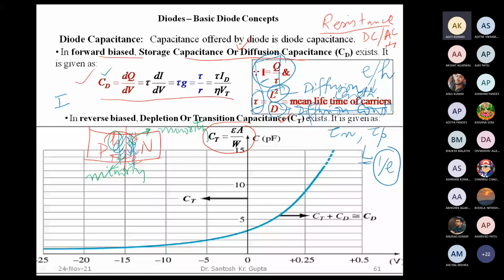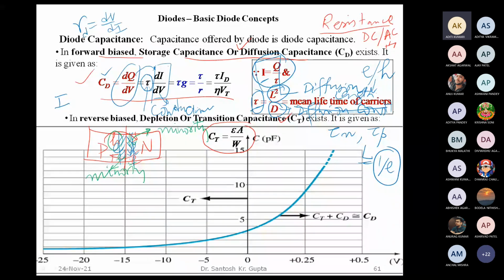After substitution we can write these expressions. Tau is almost constant with respect to the voltage variations, so it is taken out of the derivative. Then di upon dv, as we have seen, is a conductance, or the inverse of the dynamic resistance. We defined the dynamic resistance earlier as dv upon di.